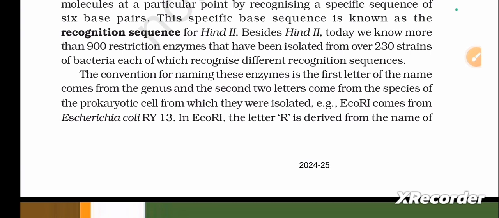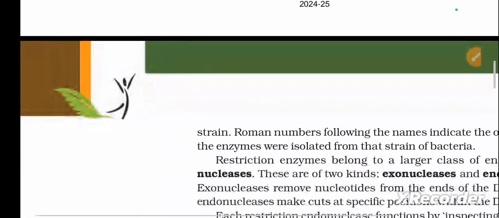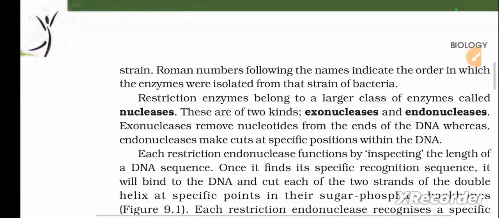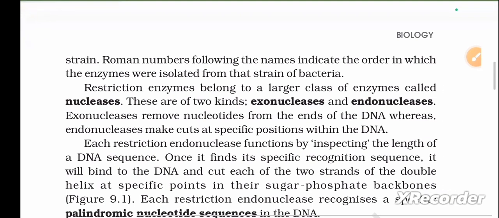Example, EcoRI comes from Escherichia coli RY13. In EcoRI, the letter R is derived from the name of the strain. Roman numbers following the names indicate the order in which the enzymes were isolated from that strain of bacteria.